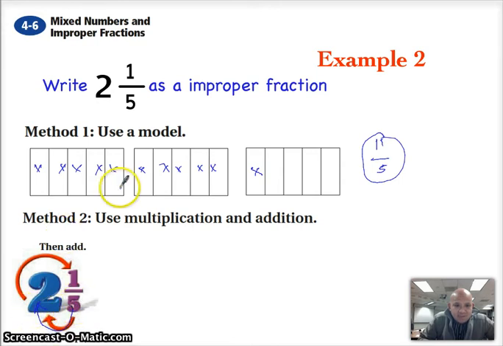That 5 times 2 comes from 5/5 times 2 wholes here. So I'm multiplying 5 times 2 wholes, and then adding 1, which gives me 11. Seeing that again, 5 times 2 is 10. 10 plus 1 is 11. So I'm going to put times here and plus here. So I have 11/5.